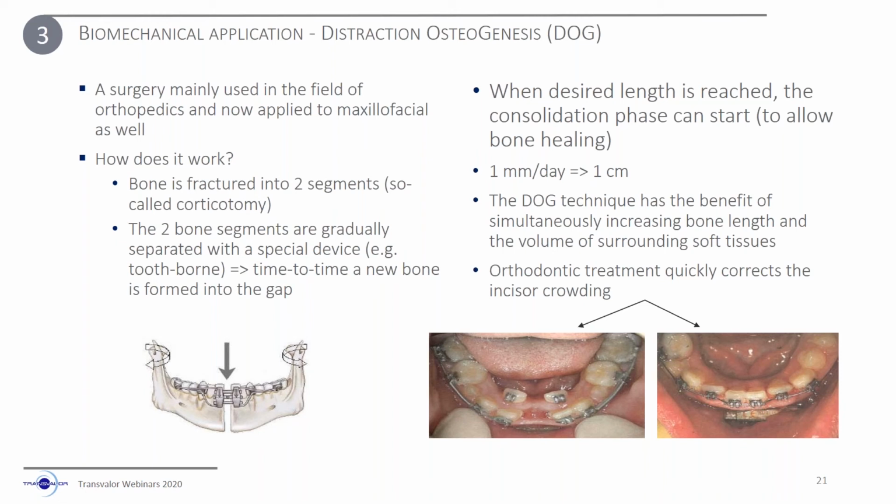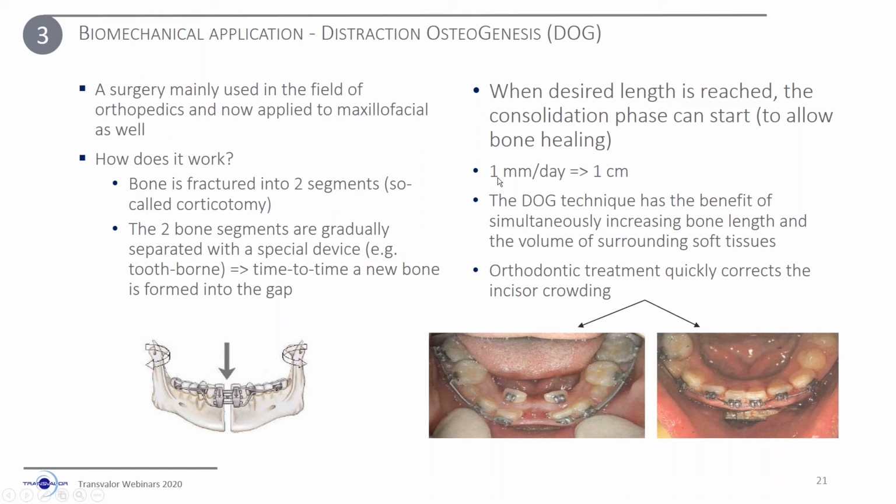So the rate for this expansion phase is about 1 millimeter per day until the gap is about 1 centimeter. So when the desired length is reached, this is where the solidification phase can start. And as I just mentioned, this is where step by step bone and soft tissues will be naturally reconstructed by the human body.